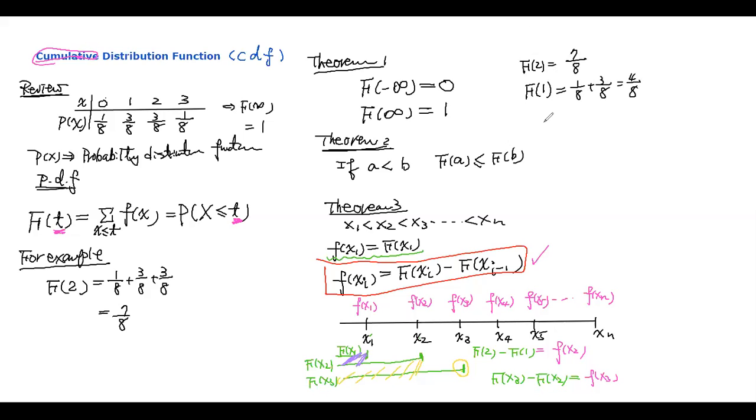Now if I use F of 2 minus F of 1, I have 7/8 minus 4/8. What does that give me? 3/8. That's true. So what is this 3/8 here?